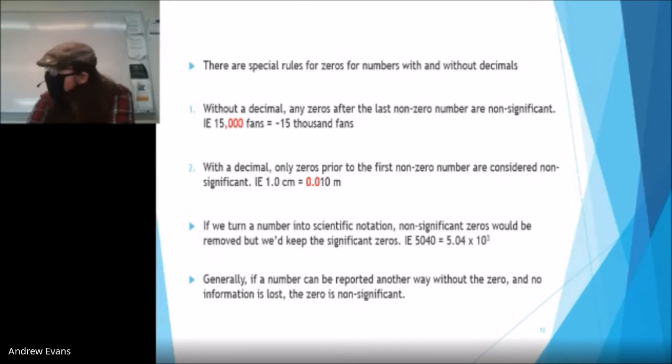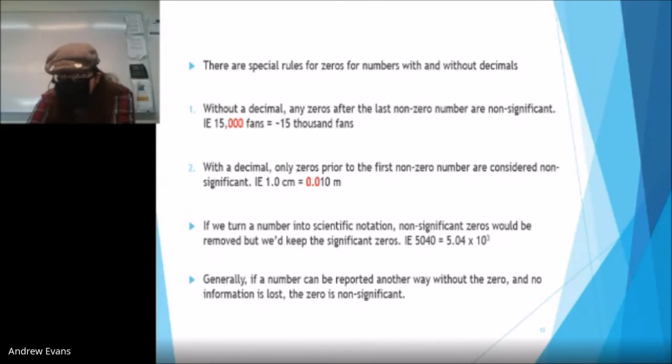It's essentially saying, I know there's about 15,000. Is it 15,100? Is it 15,020? We don't know, but we know it's approximately 15,000. It's somewhere between 14,500 and maybe 15,400. Somewhere between those two rounding errors, it rounds to 15,000 fans.